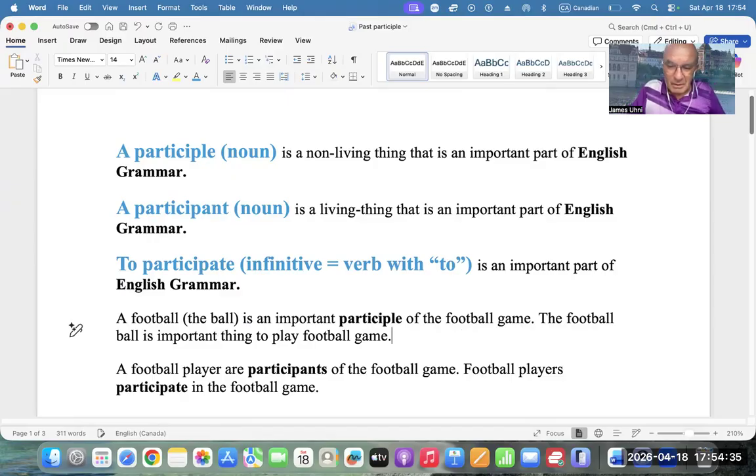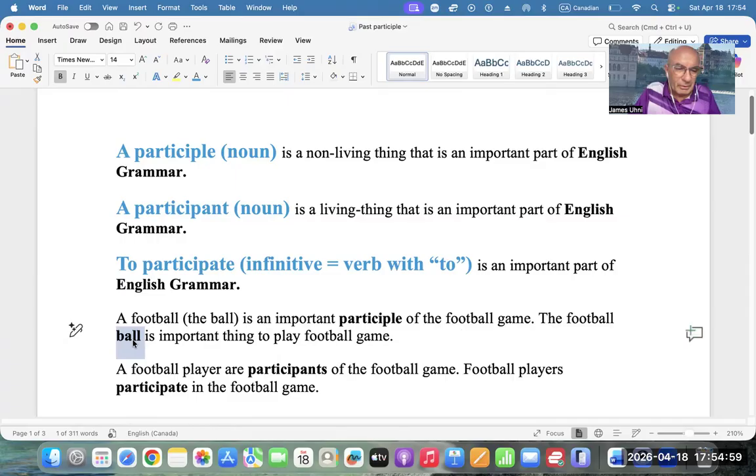Is that true? So, I have participle, so the football is an important thing. So the ball, so we should do only ball, because I'm talking about the ball. I'm talking about participle.